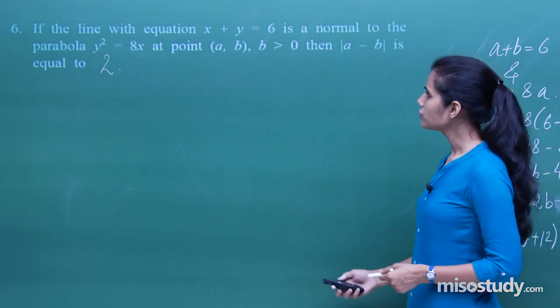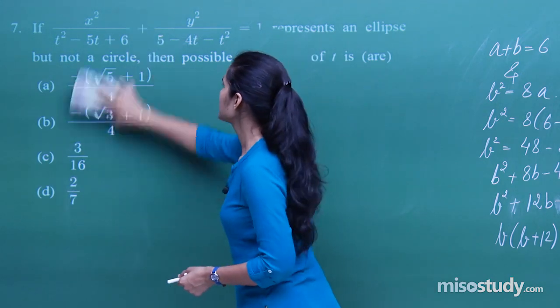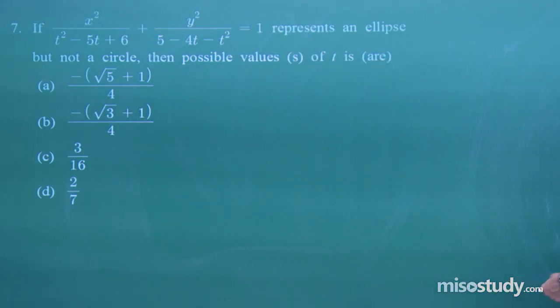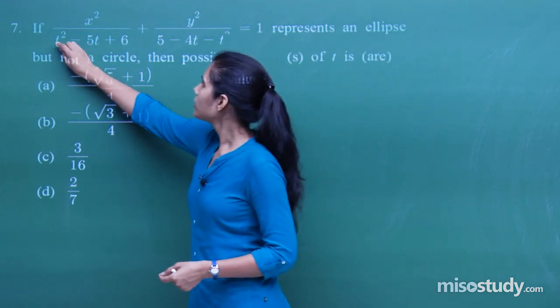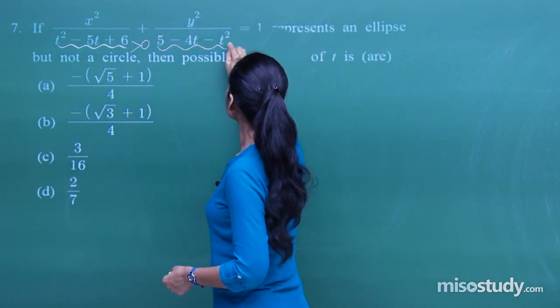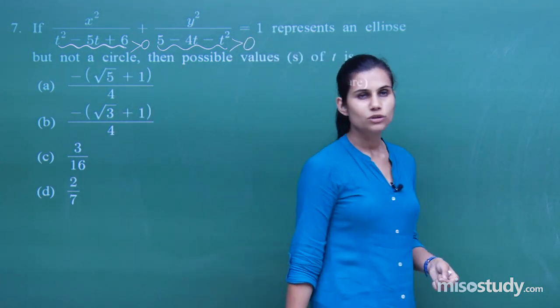Let's move on to the next question. We have, if this represents an ellipse but not a circle, then possible values of t are what? Let's see. So they are strictly saying this is not representing a circle, this is representing an ellipse. For this to represent an ellipse, I want this expression to be greater than 0, I want this expression to be greater than 0, and I want these two expressions to be not equal to each other.